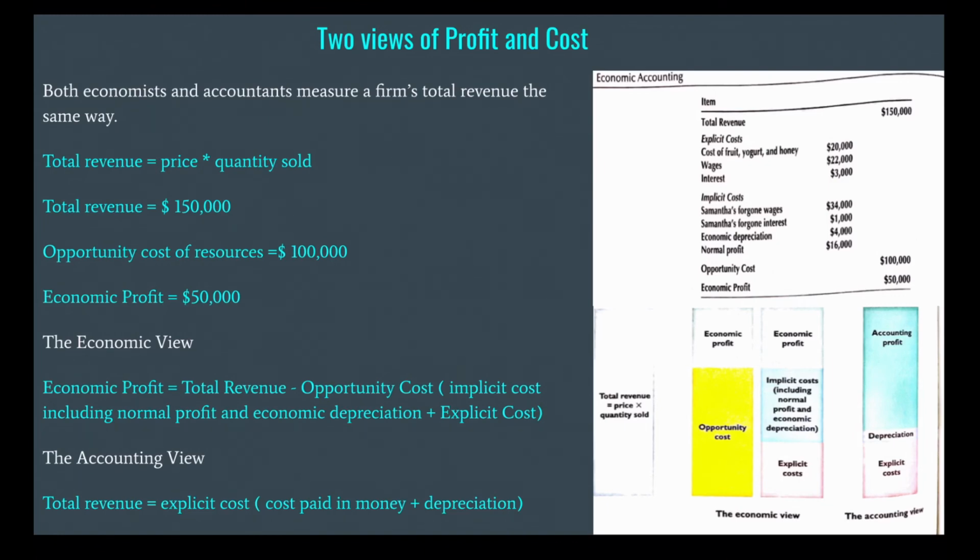You can see in the table that the total of both implicit and explicit cost is the opportunity cost of the resources, which equals $100,000. So the economic profit is the total revenue minus total cost, which equals $50,000.